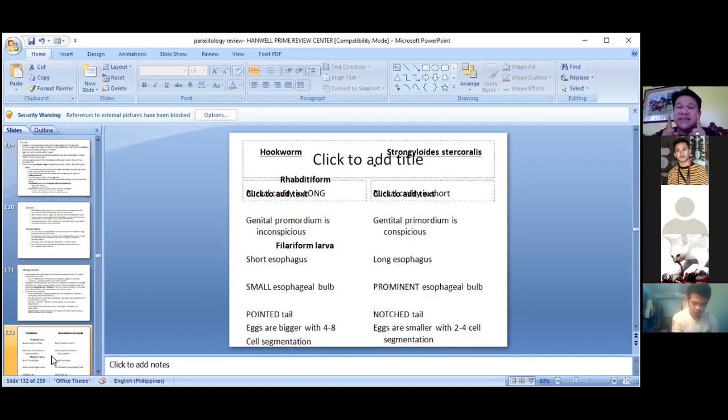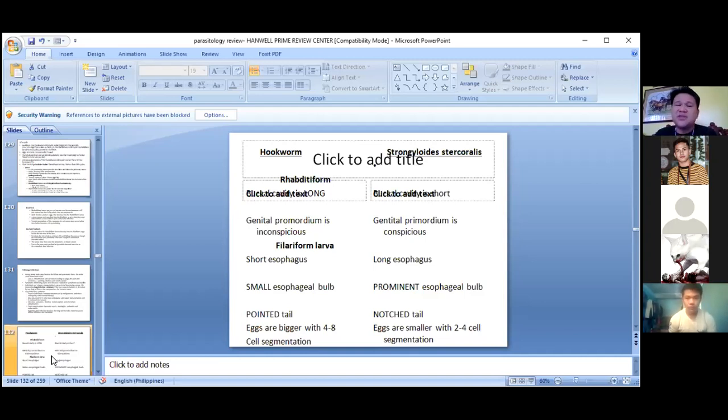Naintindihan? Mas mataba si hookworm kesa kay strongy. Kaya nga ang tawag natin kay strongy ay threadworm because it's a thinner worm although it's a longer worm. Naintindihan? Nakukuha nyo ba? So medyo mataba si hookworm, mapayat si strongy.